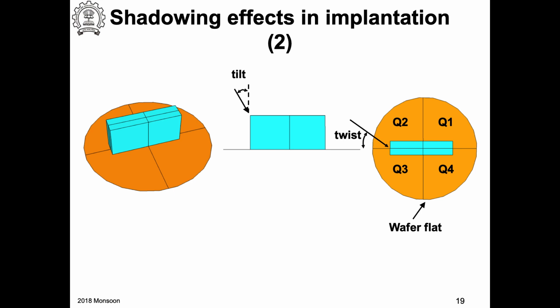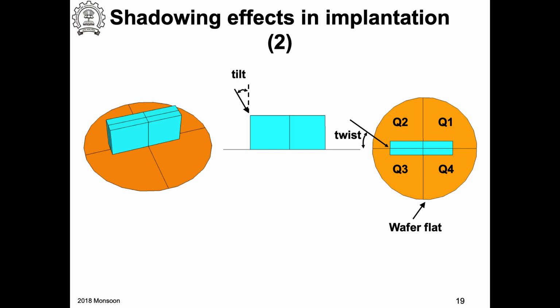How do I avoid the shadowing effect in this case? So you rotate the wafer. You can continuously rotate, or you say, I would implant it like this, and half the rows will be this way, half the rows will be this way. That is called two-quadrant implants.